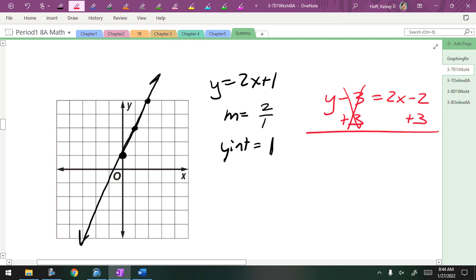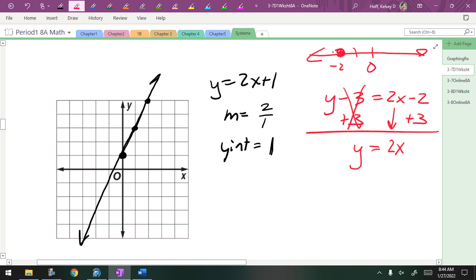When I do that, y equals, I'm going to drag down my 2x, -2 plus 3. Courtney? -2 plus 3. If I'm on a number line, I'm at -2.